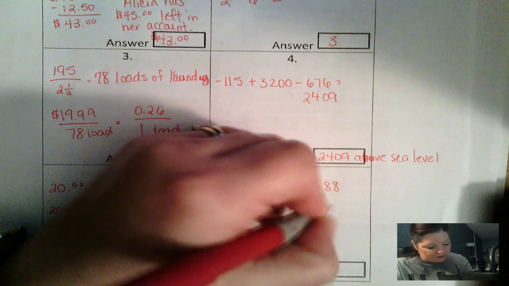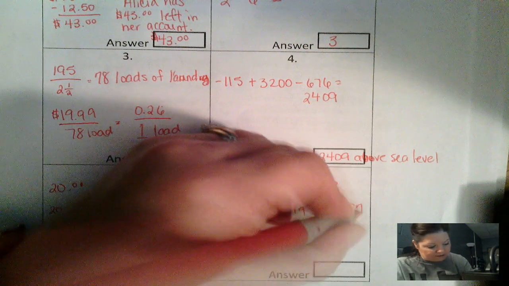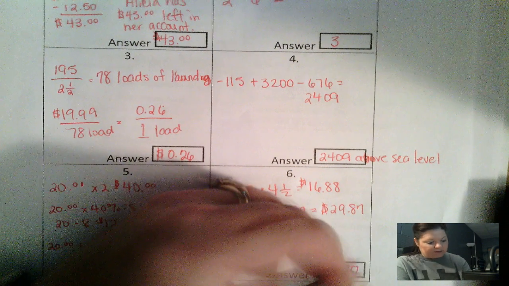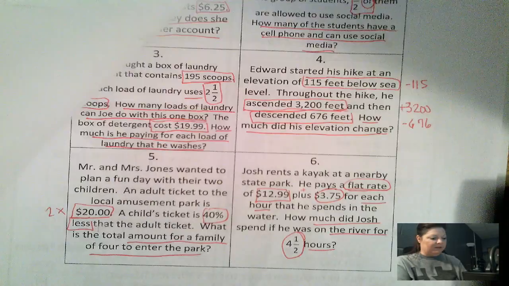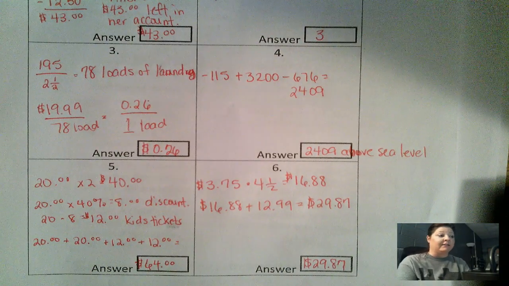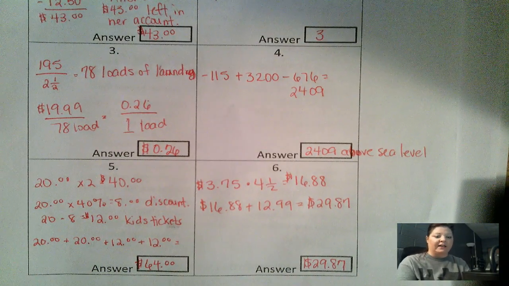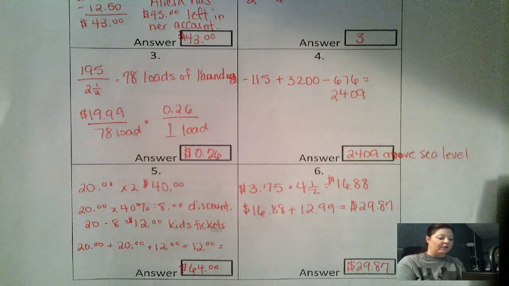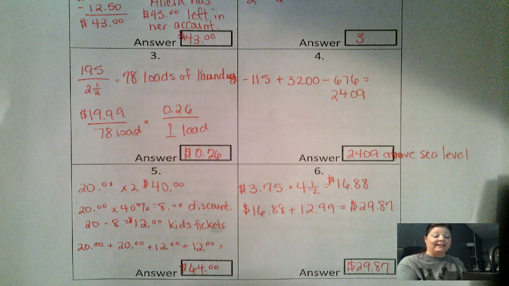So I'm going to write $29.87 right there. So you will restate that Josh had to pay $29.87 in all for his kayaking trip. Okay, so that is the answers for assignment 9, day 9 on your learning target.